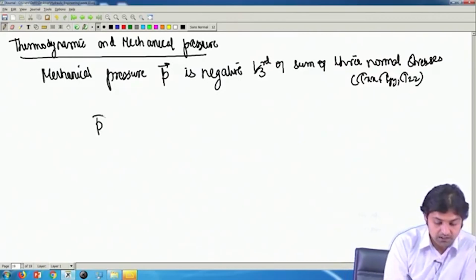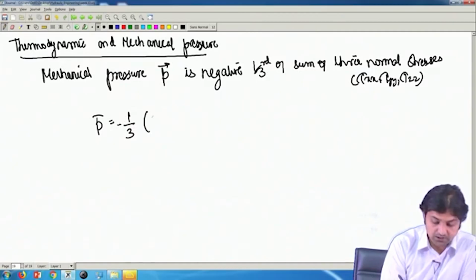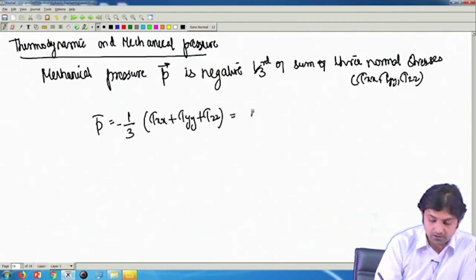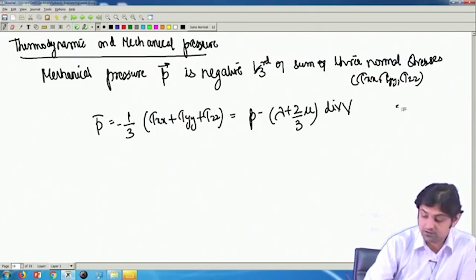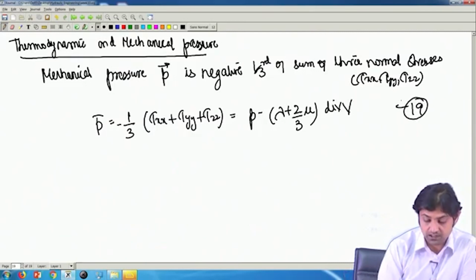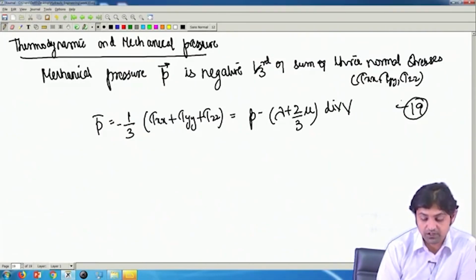So P bar can be written as minus 1/3 of tau xx plus tau yy plus tau zz, or it is written as lambda plus 2/3 mu times divergence of V, and this is equation number 19. If you substitute the values of tau xx, tau yy and tau zz using the previous equation, this is what you are going to get.